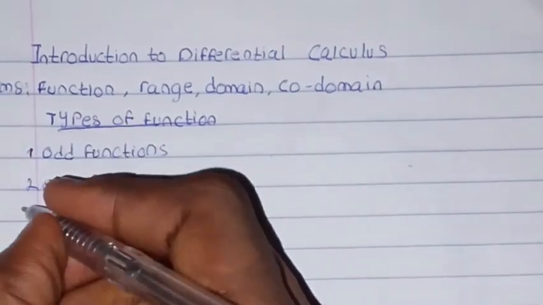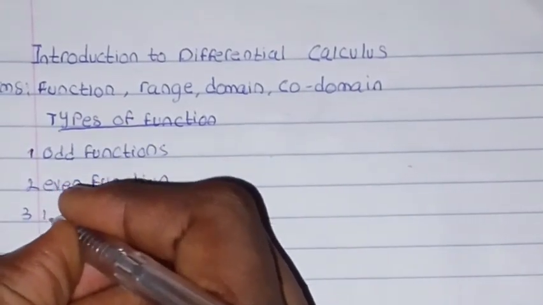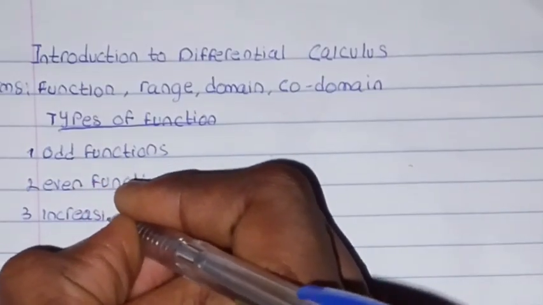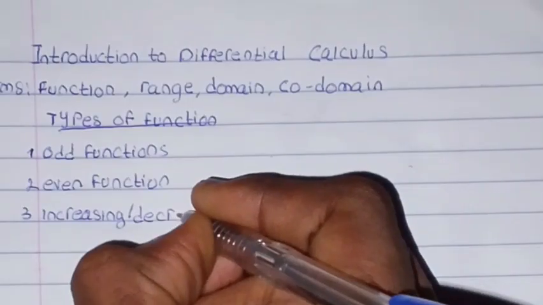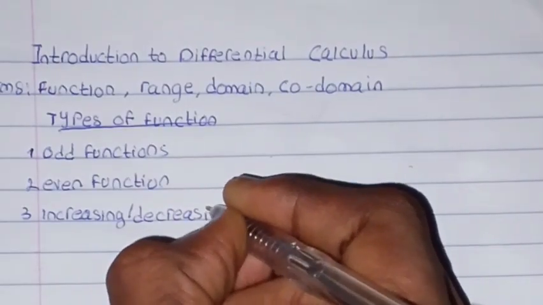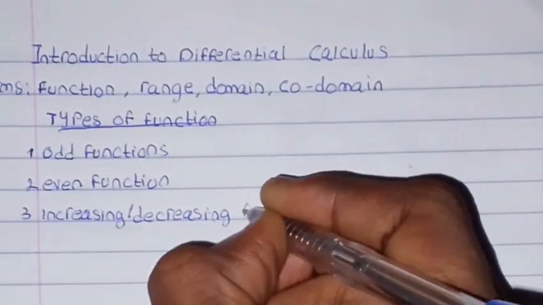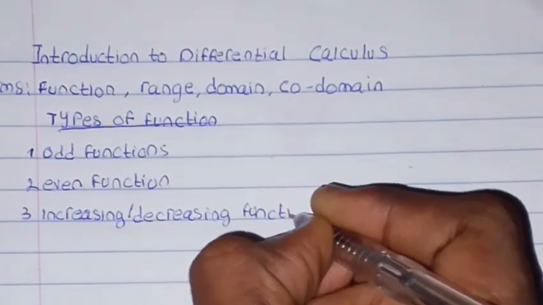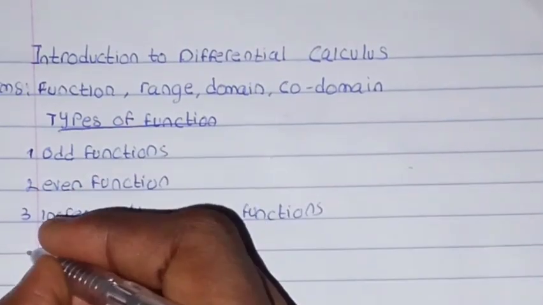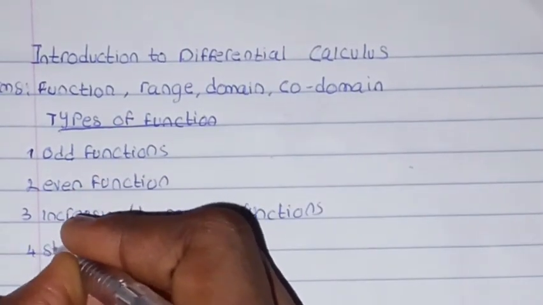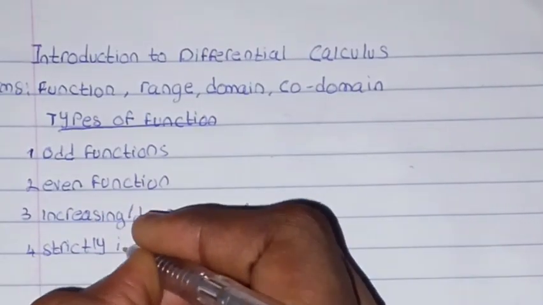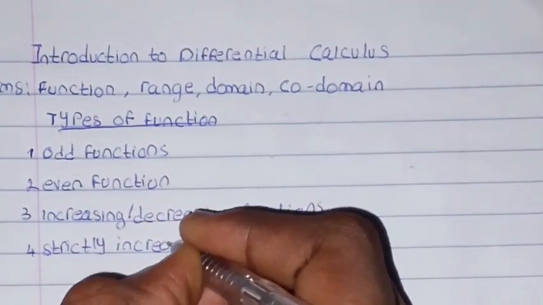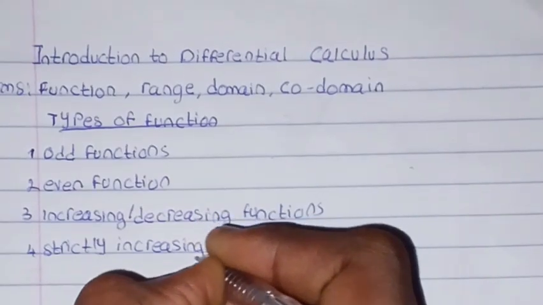What does it mean when a function is even? We have increasing slash decreasing functions. Alright, we'll talk about that. Then we'll also talk about strictly increasing and decreasing functions.